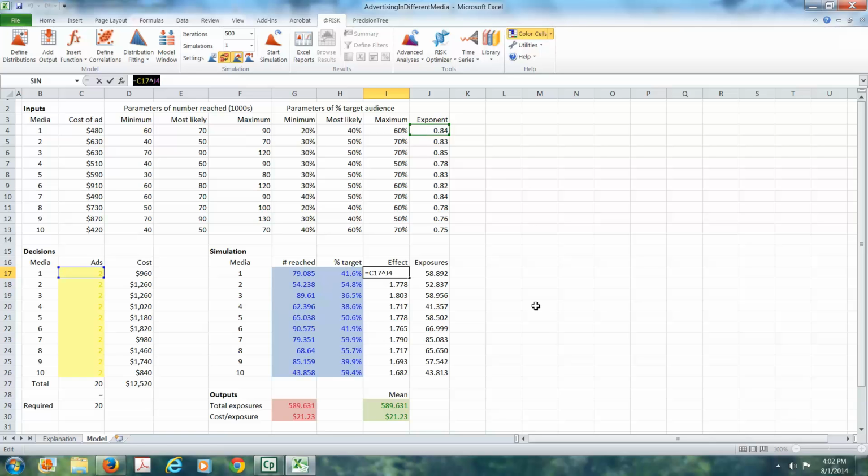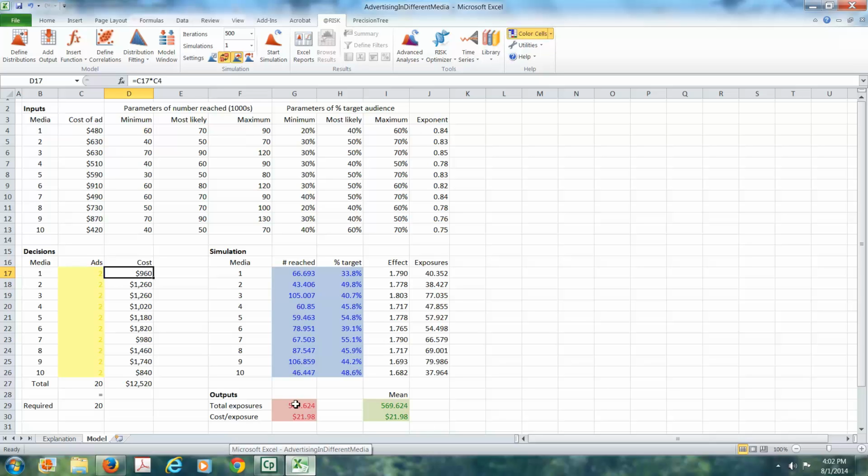So this is where the exponent comes into play. The exponent's basically there to say that the second ad is usually not as effective as the first ad. So the lower the exponent is, the less effective a second ad is. So we get our effective number of exposures by multiplying this times this times this. There's the cost, and that's one bit of input.